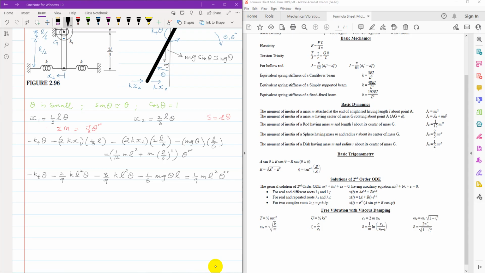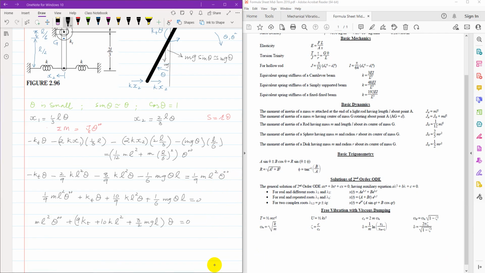Now here x2 is 2 third L theta, so 2 third times 2 third is 4 over 9, times 2 is 8 over 9 k L squared theta. And then 1 over 6 mg theta L is equal to, this will become 1 over 12, and after squaring it, it will become 1 over 36. So 1 over 12 plus 1 over 36 is 1 over 9 ml squared theta double dot.